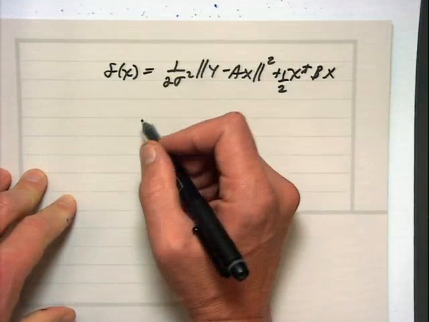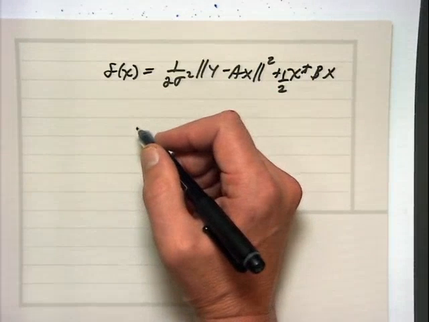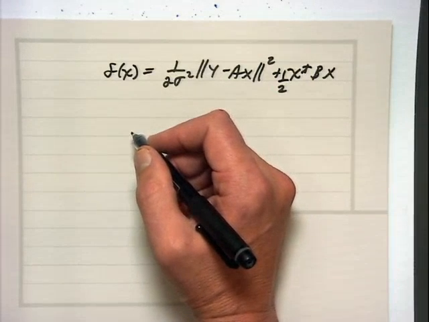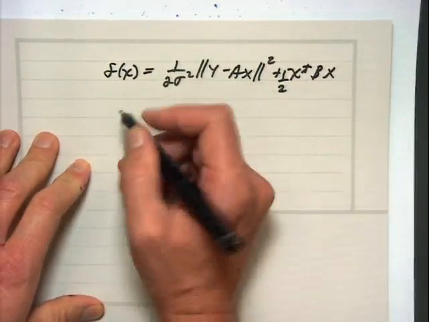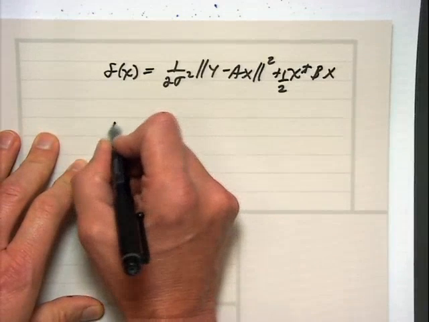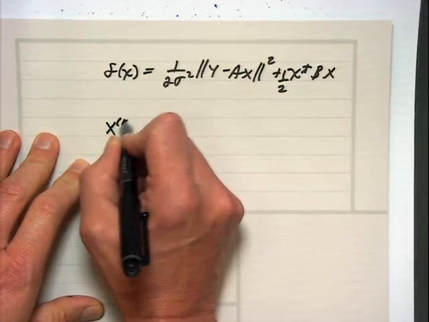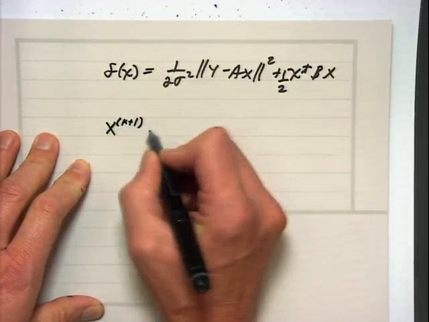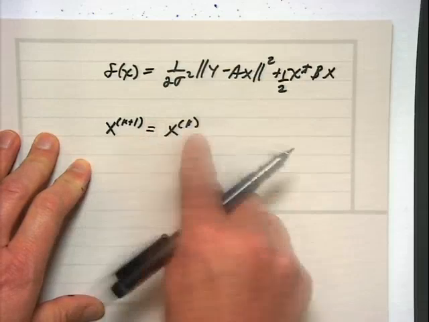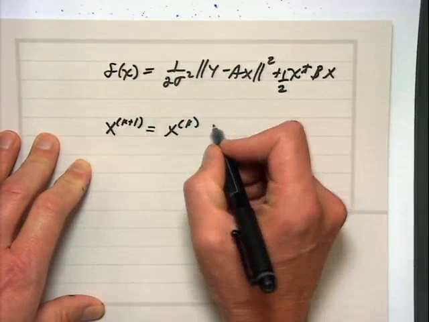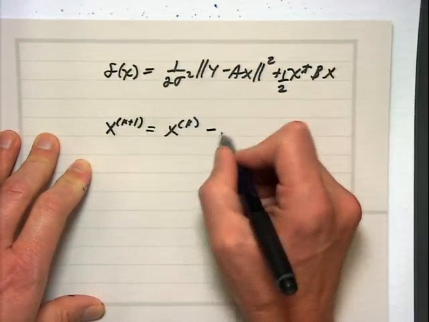So a pretty standard approach is gradient descent. The idea of gradient descent is you just move in the opposite direction of the gradient. If you're trying to solve a minimization problem, you take the current value and modify it by moving in the opposite direction of the gradient.